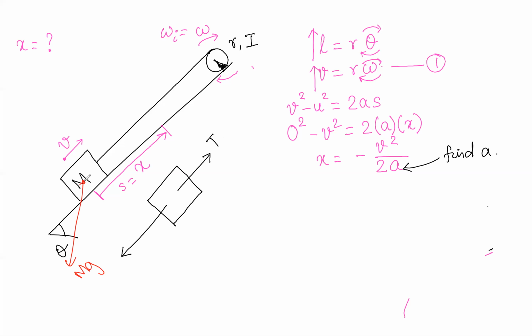You can split this mg into two components, where this angle is equal to theta. So this component is equal to mg cos theta and the other component is equal to mg sine theta. So that is T, and in the downward direction you will have mg sine theta.